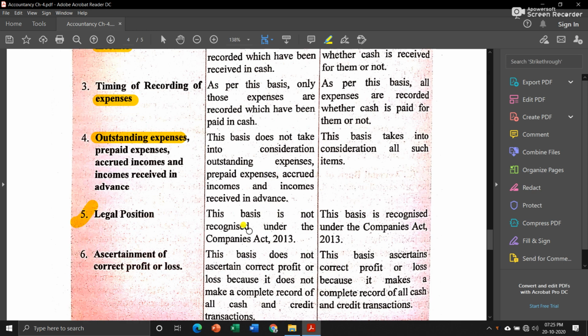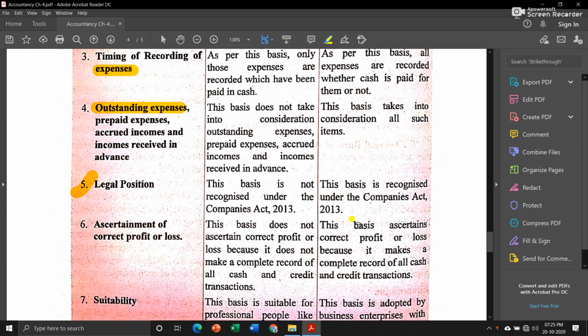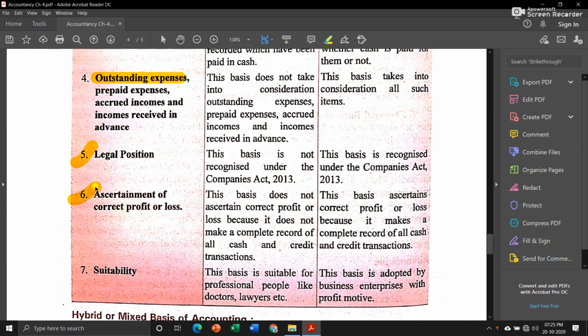Then legal position. Companies Act does not recognize cash basis of accounting, but they do recognize accrual basis of accounting. Then for ascertainment of correct profit or loss, cash basis is not that helpful in finding out the exact amount of profit or loss, because they ignore all the credit transactions.